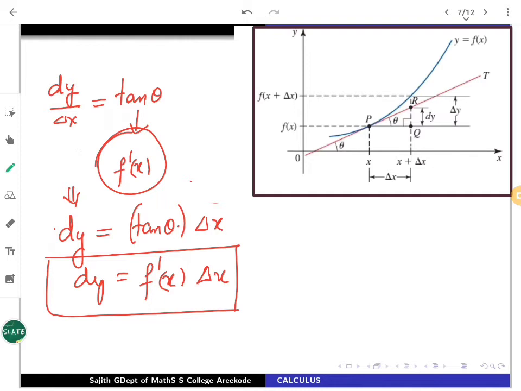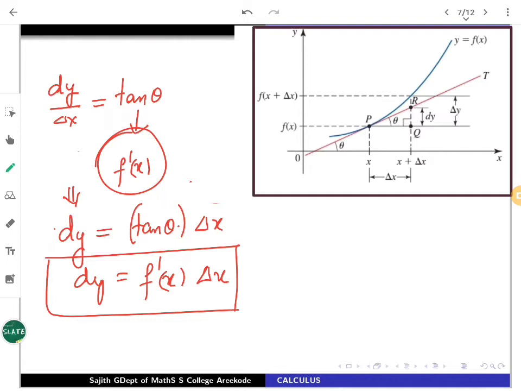If you allow a variation delta x, and you are interested in the corresponding variation delta y, one can approximate that delta y through this dy. That is the whole moral. That allows us to give a good definition. Delta x is the input, an independent quantity depending only on x.